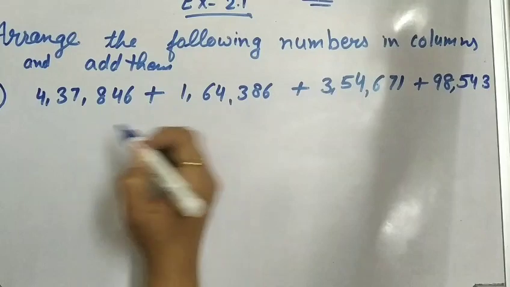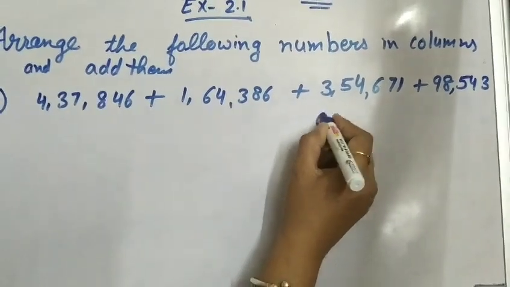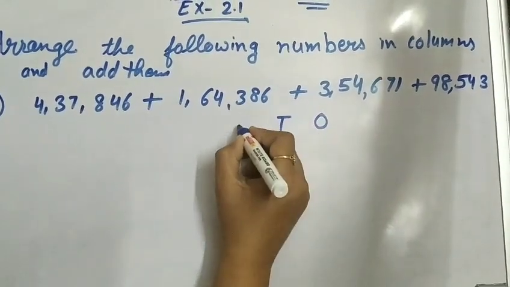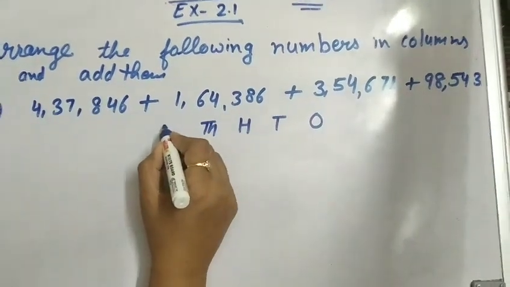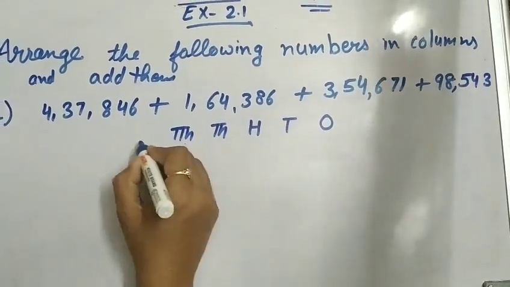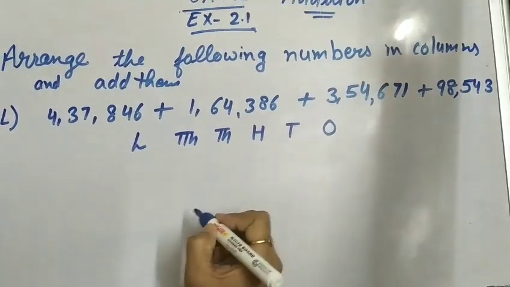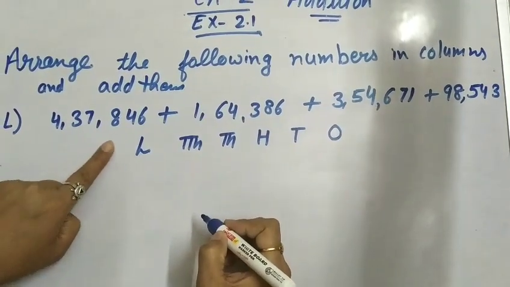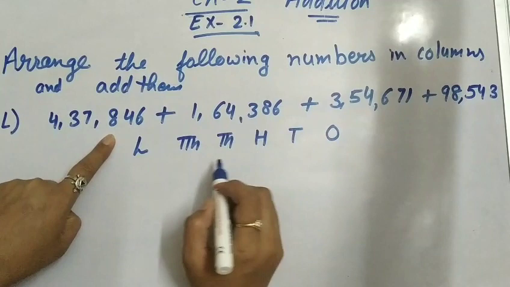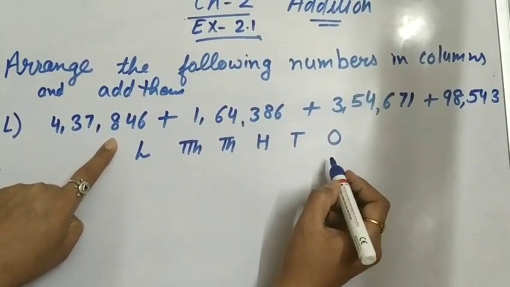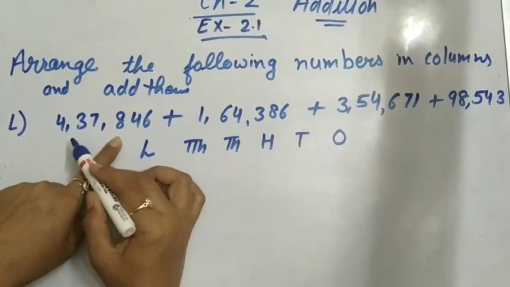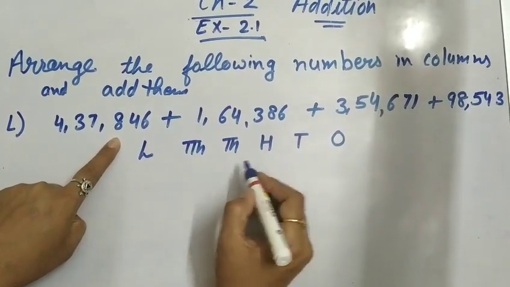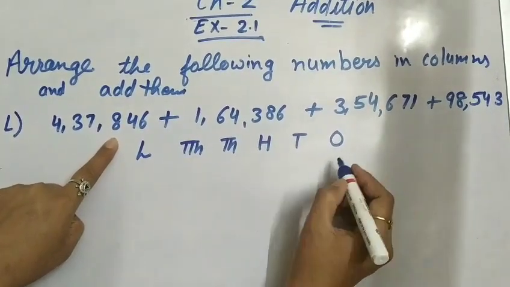The highest place is lakh: ones, tens, hundred, thousand, 10,000 and lakh. See the first number. You can write the number from the ones place, or you can write according to the number 4,37,846. It's up to you.